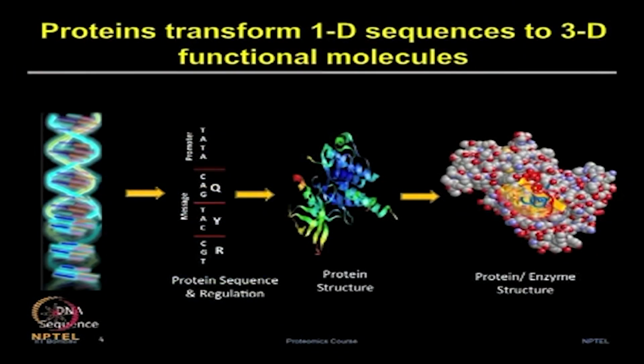If you look at the central dogma, starting from DNA to RNA and protein, the proteins can transform the one-dimensional sequence into three-dimensional functional information. Proteins can have a wide range of functional properties because of their different functional groups, which account for various protein functions and activity.